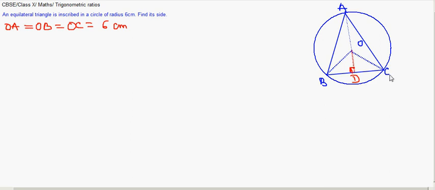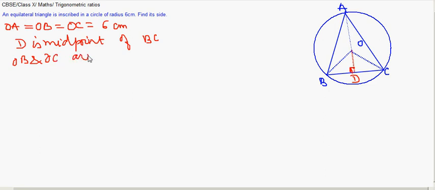Let me just write. D is the midpoint of BC, and I also informed that OB and OC are the bisectors of angle B and angle C.